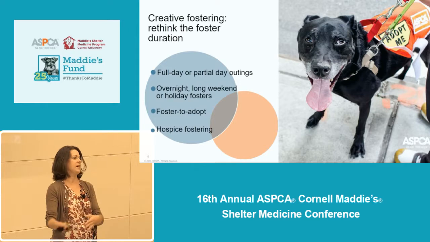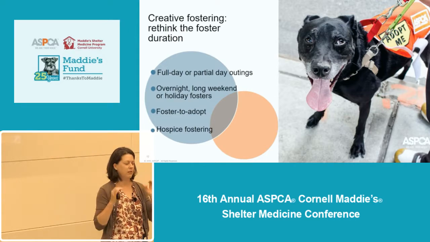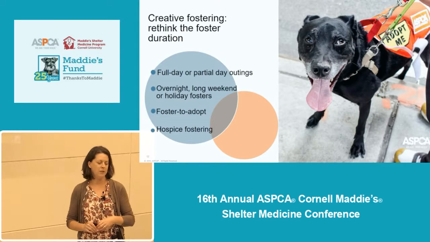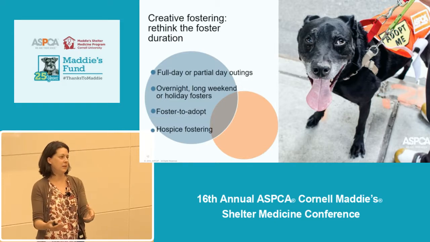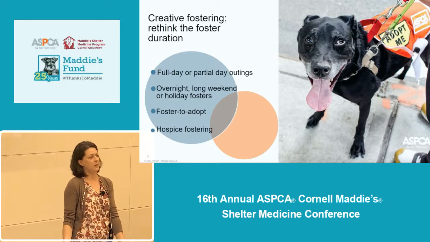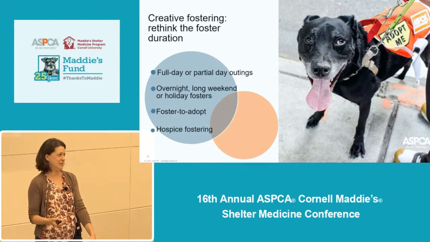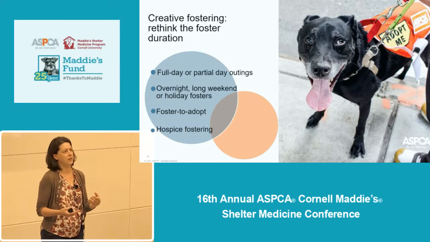On the flip side of that, there are some foster programs, some of which I think we've been doing for a long time. Foster to adopt is not a new concept. A lot of us have been doing that if we've got animals with medical conditions that preclude spay-neuter. But using foster to adopt, using basically our adopters as a foster home. When I was in practice, and I know I have the luxury of treating heartworm disease in Massachusetts and not in Mississippi, we saw heartworm disease in a relatively small number.